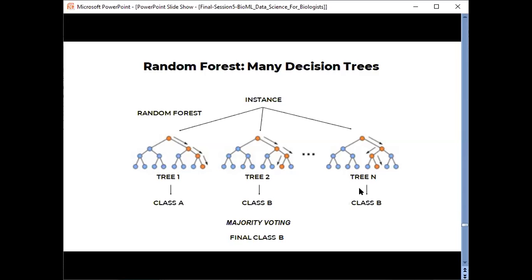Eventually the final class of the sample is decided by the voting method: if the majority of the trees say that the sample has a particular label, that label is assigned to the sample. This is how a random forest works.